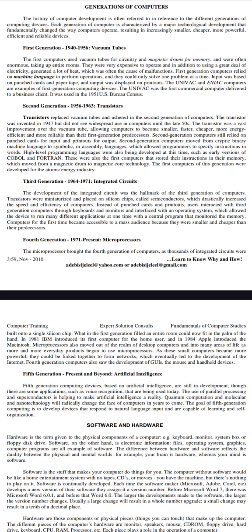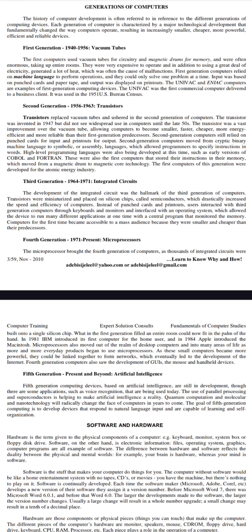Second generation computers still relied on punched cards for input and printouts for output. Second generation computers moved from cryptic binary machine language to symbolic or assembly language, which allowed programmers to specify instructions in words.